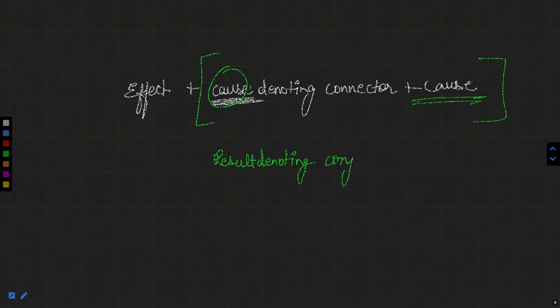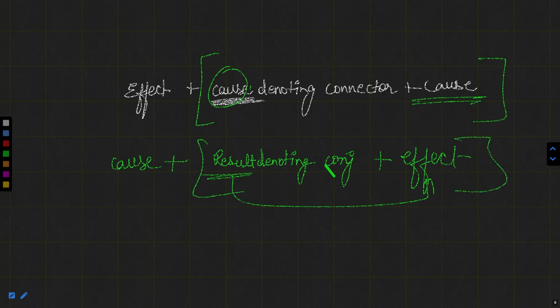But the structure will be different: here we will have the effect, because this is result denoting, it means effect denoting conjunction, and here we will have the cause. And now this part will be shifted before the cause clause if I want to shift this result denoting conjunction or connector to the beginning of the sentence, or here we can write it in the middle of the sentence.